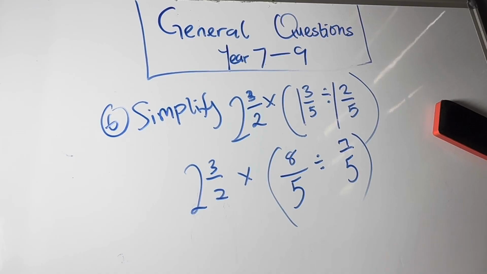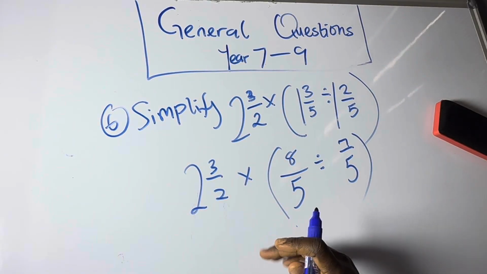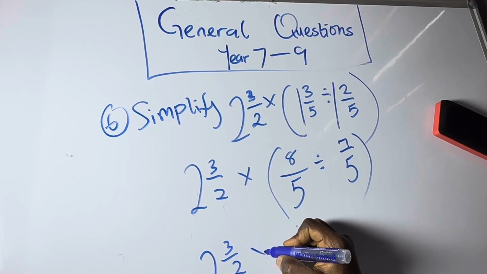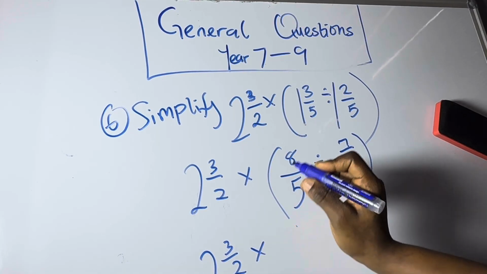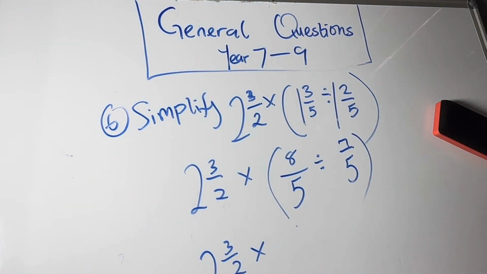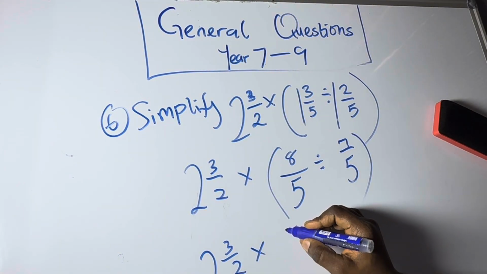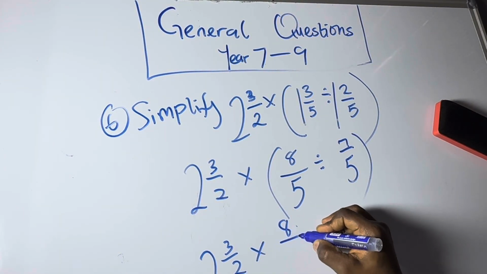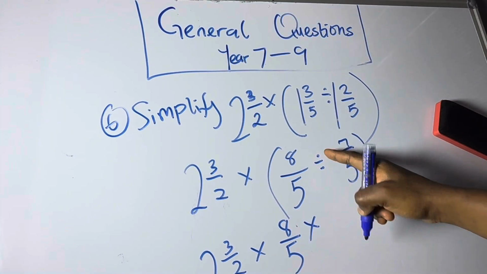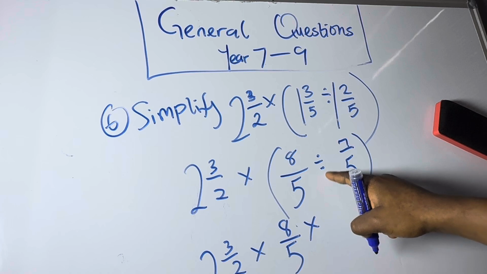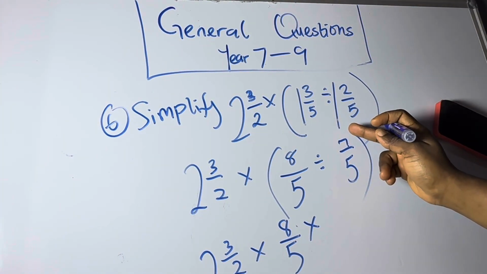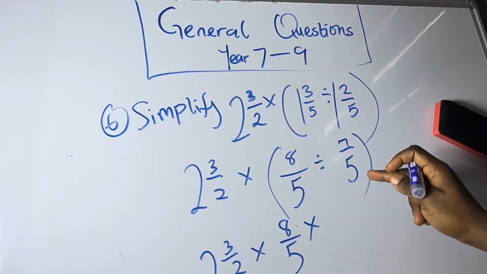Now, to proceed, we have two whole number 3 over 2 multiplied by, before I open the bracket, I need to change this division sign to multiplication sign by saying 8 over 5 times. Now, if the division sign is changing to multiplication, the denominator will come up and the numerator will be down.